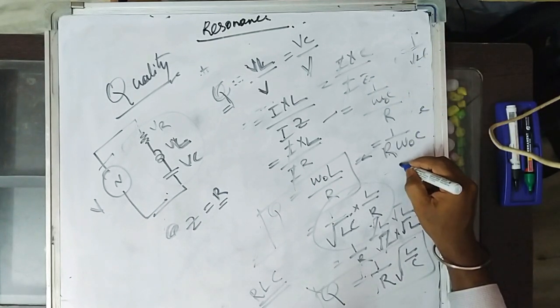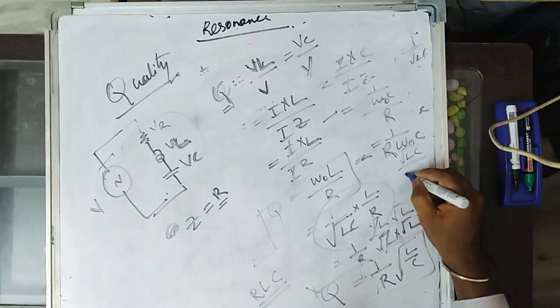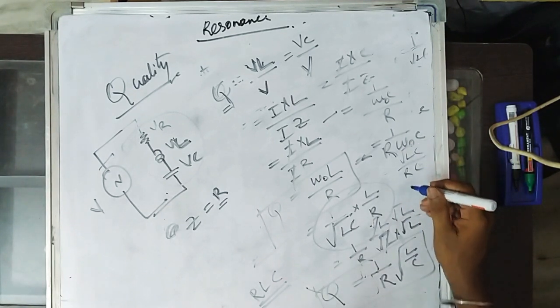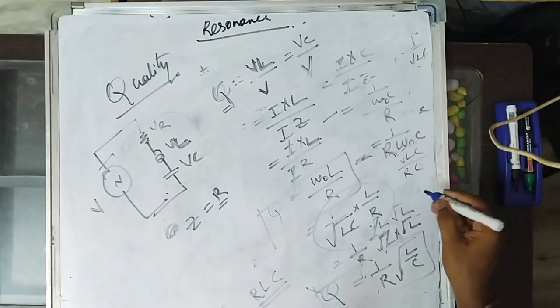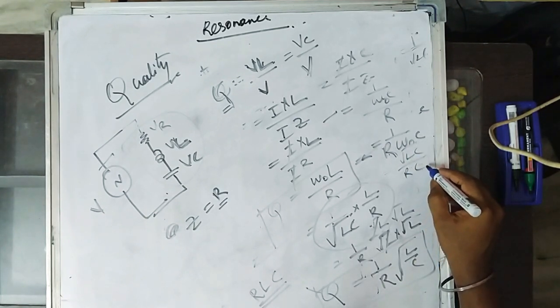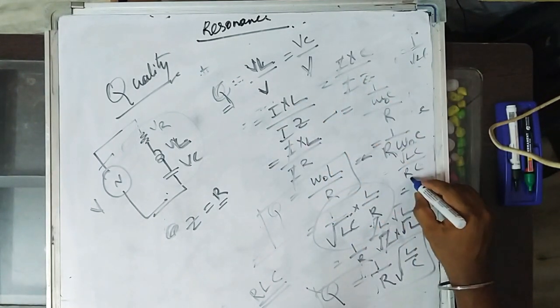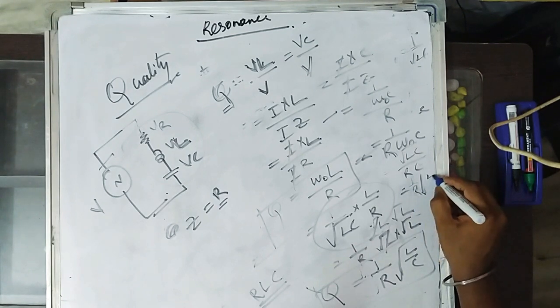Substitute here, we get LC by RC. By equating, similarly the same formula. In the denominator we keep root L. By using these two, we get 1 by R into root of L by C.